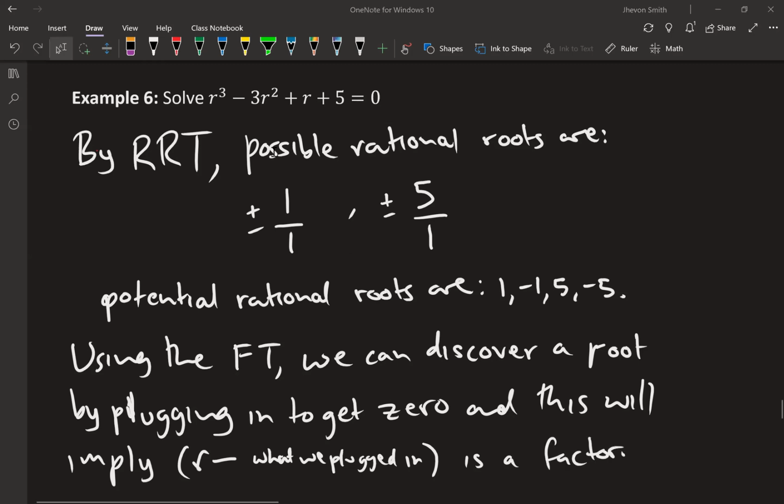So you go into your r cubed minus 3r squared plus r plus 5 equals 0, and you start to plug in these numbers at random.